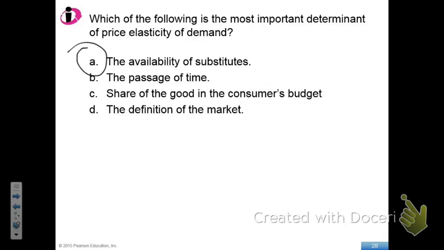But the basic motivation for finding substitutes in the market are goods which are really expensive. These are the goods for which we really get a lot of substitutes. So if you look at these answers, you would realize that A really captures most of what is contained in B, C, and D. So A could be the correct answer.